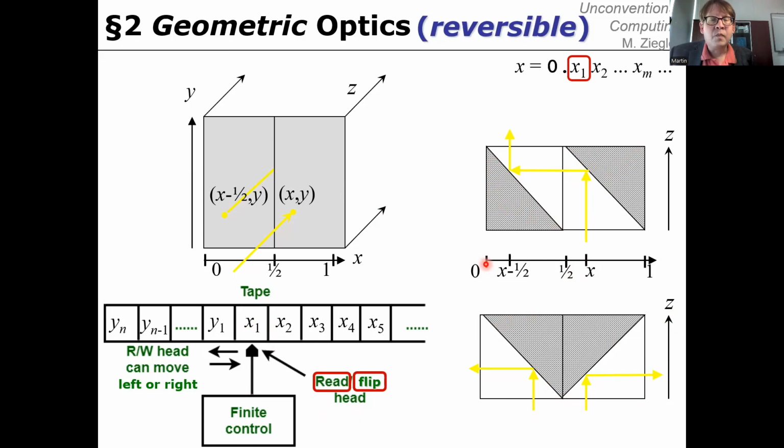gates, if you like. And instead of bits, we here encode the entire tape content, infinitely many bits, as a real number, namely the distance from the symmetry axis. And observe that we have not used any uncomputable coordinates or directions.